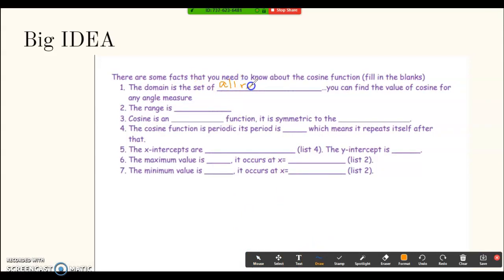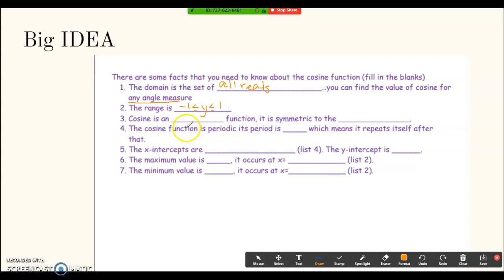Okay, so I know it is all real numbers, because we can go to any angle measure. The range of this is still -1 to 1, right? It only goes up as high as 1, and it goes as low as -1.